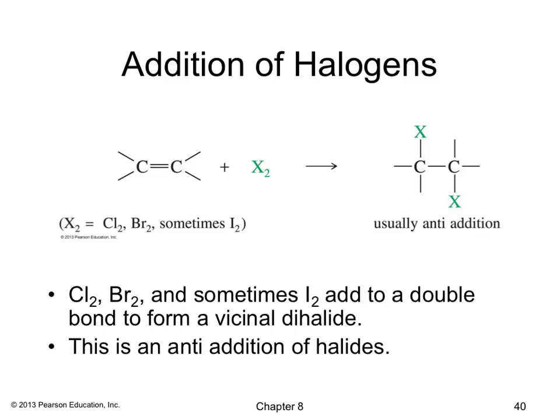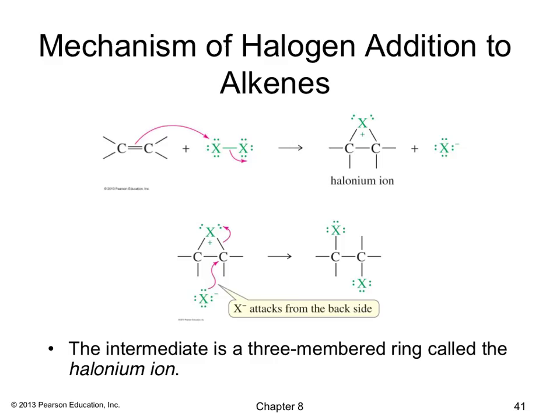Addition of halogens. Here's your alkene in the presence of dihalogen, Cl2, Br2, and sometimes I2. And then this will usually add in an anti addition. When you form halides next to one another, these are called vicinal dihalides, and this is anti. So let's look at the mechanism. In terms of the mechanism, you have the alkene attack, right?